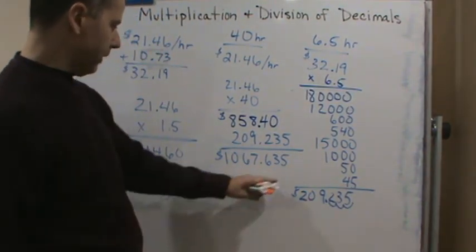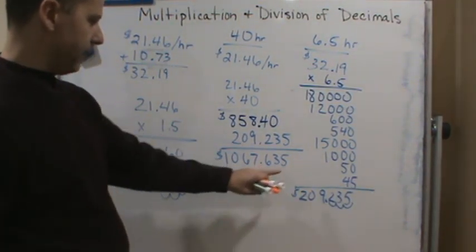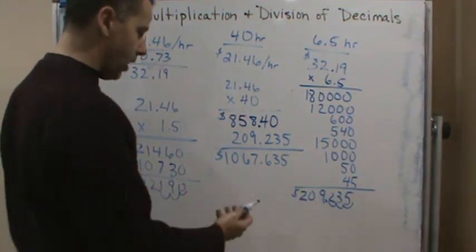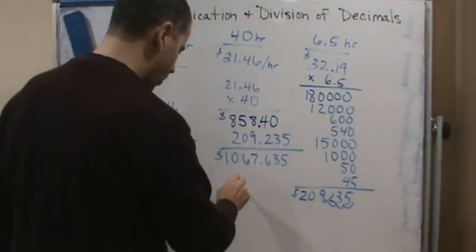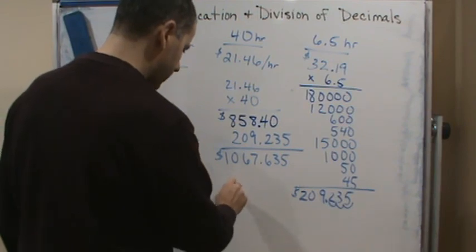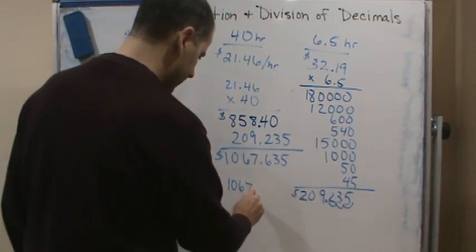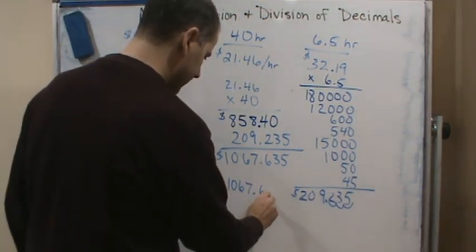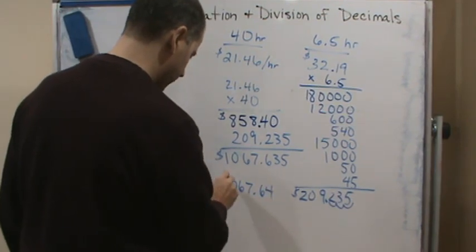And so now I'm going to round this because obviously we got that 5, so we're going to round to the nearest penny since we're talking about money. And so the total amount earned is going to be $1,067.64.